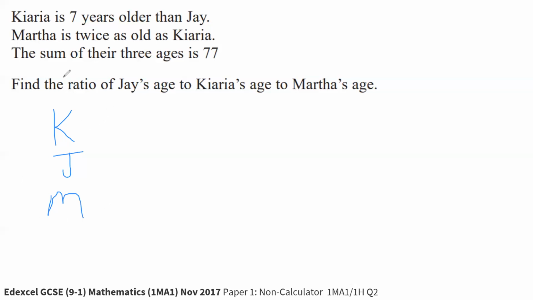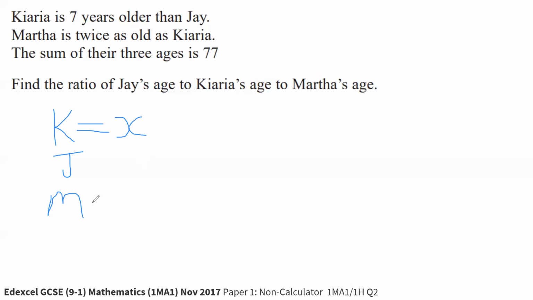So if we look at this, we know that we've got information about Kiara in both sets of these questions. So probably the easiest way, because we've got information about her twice, we'll call her X, and we know that she's X years old.